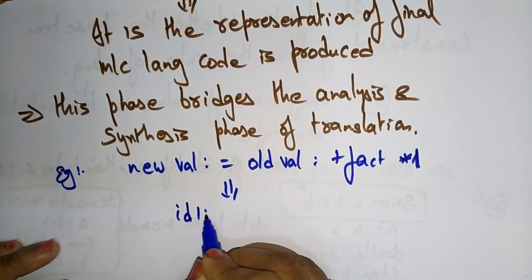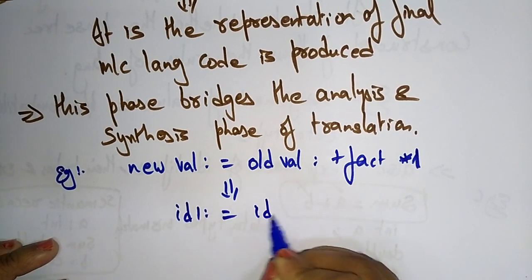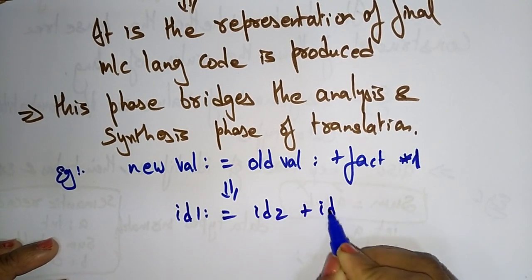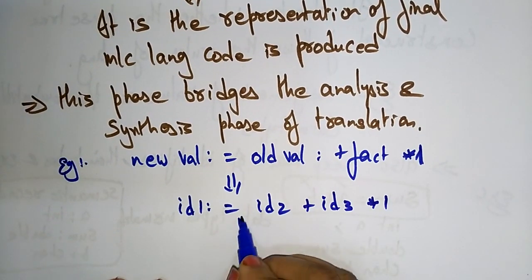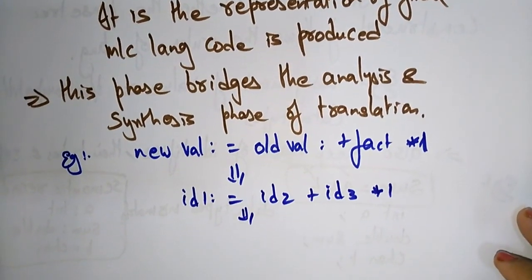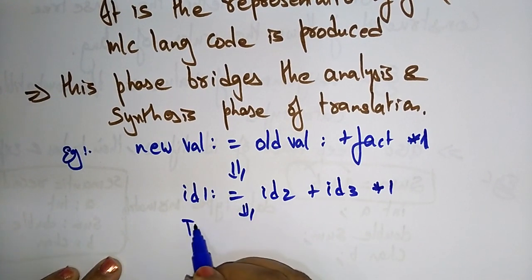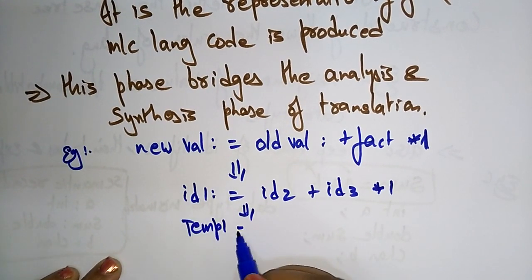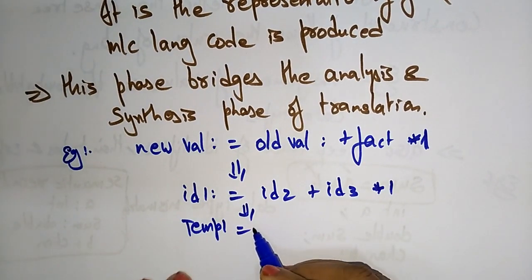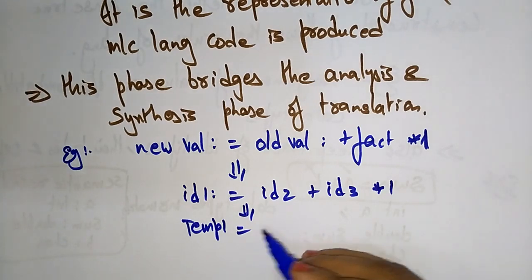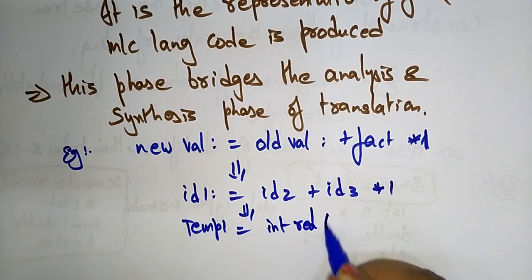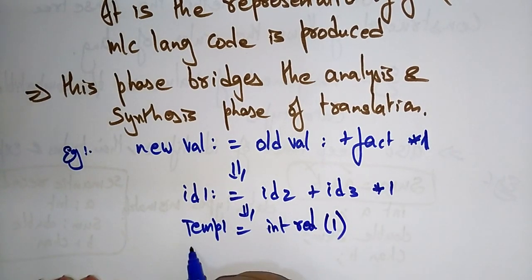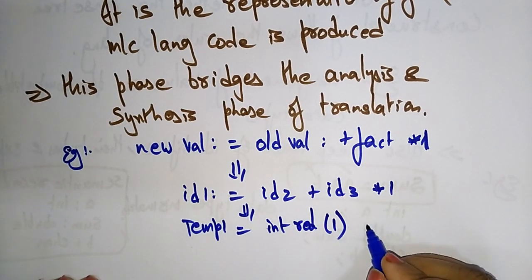Let's take ID1 is equal to ID2 plus ID3 into 1. Here the intermediate code generator is going to take temporary values. Temp1 is equal to int, suppose the real number 1, so 1 is represented as temp1.